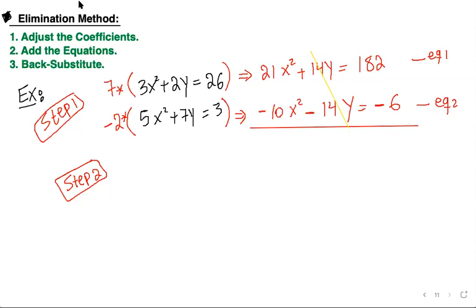That's why it's called elimination. 21 minus 10, what is 21 minus 10? It's 11. 11x squared. 182 minus 6 is 176.